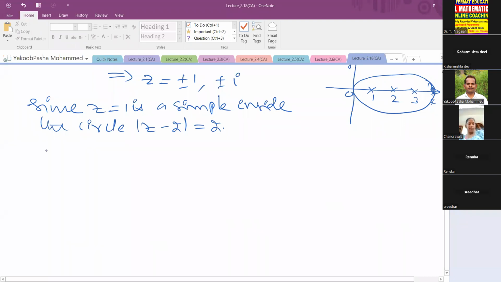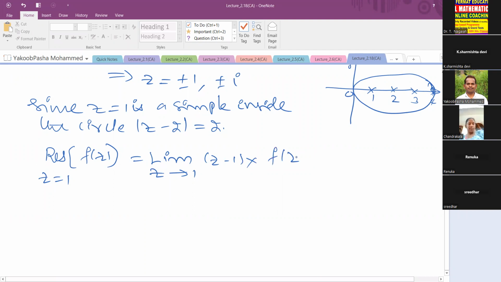Residue of the function f of z at z is equal to 1 is, it is a simple pole, so limit z tends to 1, (z minus 1) into f of z.